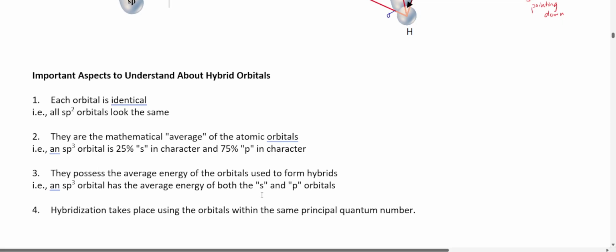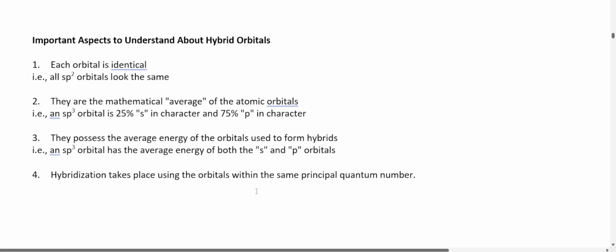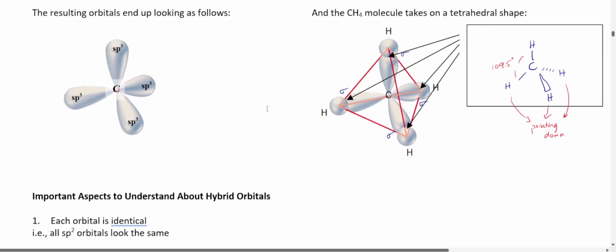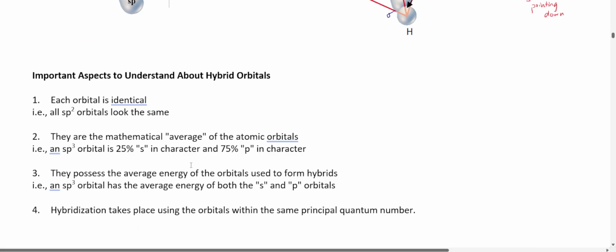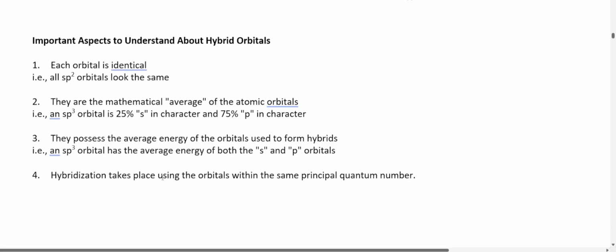These are important aspects to understand about hybrid orbitals. Each orbital is identical, so each of these sp3 orbitals is identical to each other. They are the mathematical average of the atomic orbitals. So they're 25% s in character and 75% p in character. That's for an sp3 orbital, because there are four parts to it: a quarter of it is s and three quarters of it is p.